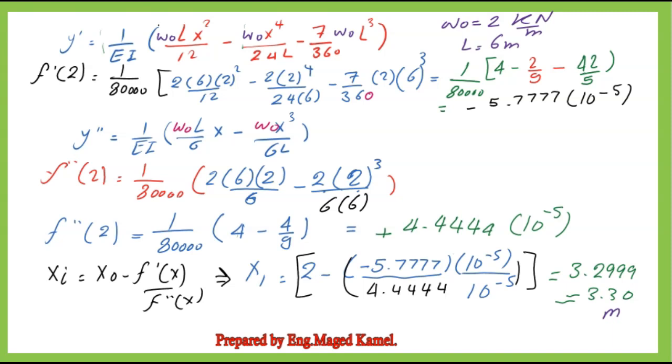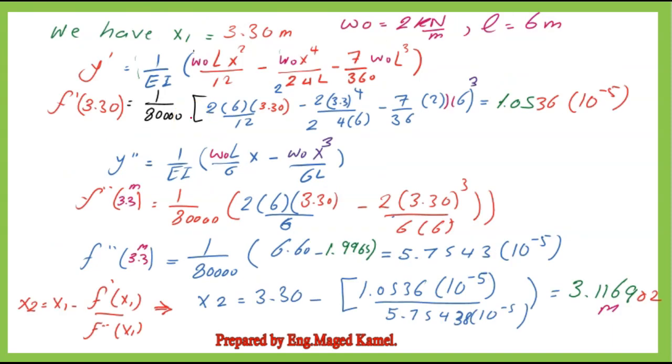We have here minus multiplied by minus divided by positive. Finally, the x1 value will be equal to 3.2999, which can be approximated to 3.3. So our starting point x naught equals 2 will give us 3.3 meters for the first iteration.